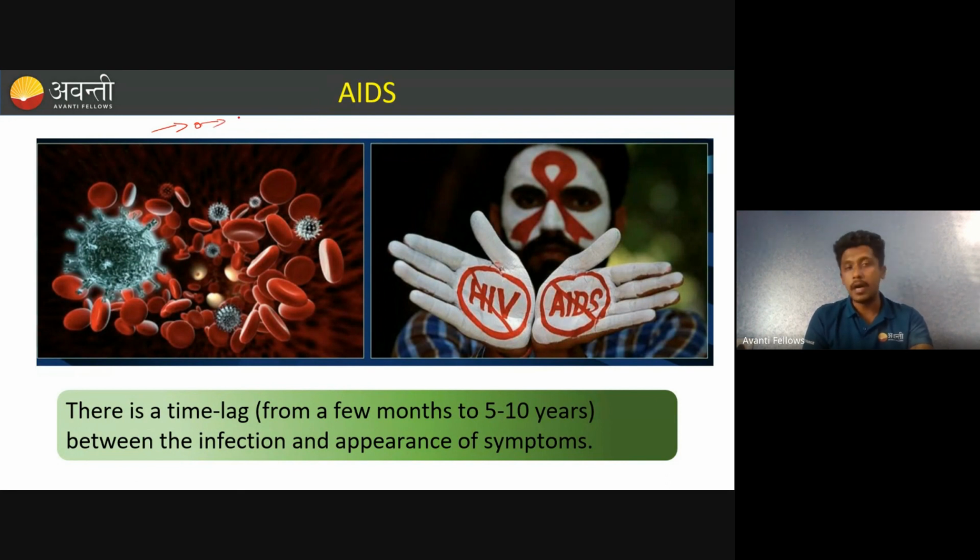It may happen, but in most cases, from 5 months to almost 10 years, you will not be able to recognize any symptoms of AIDS. At this point the AIDS virus is in dormancy. What is dormancy? They go and hide in your cells and tissues for a very, very long period of time without causing any infectious symptoms. No symptoms will be there. For 5 months to 10 years you cannot identify it, even though the virus is there.